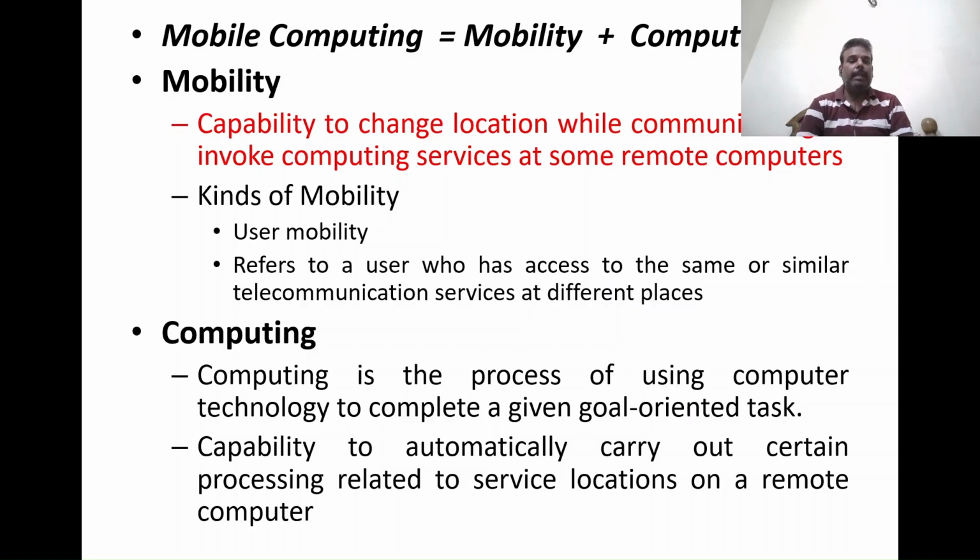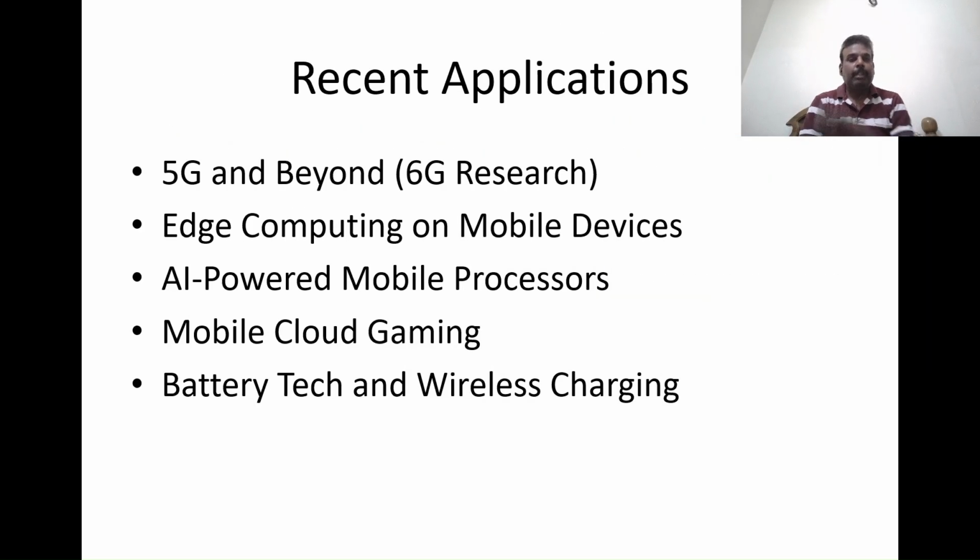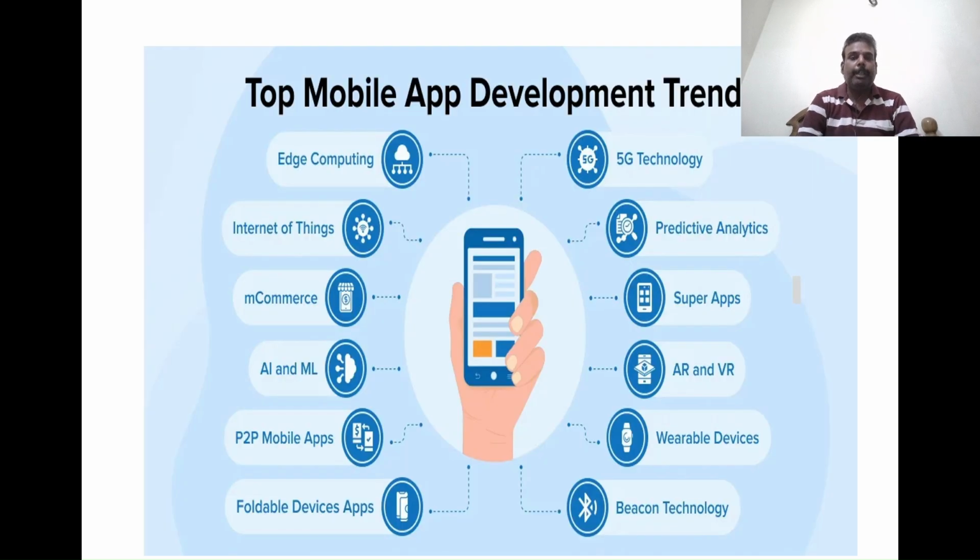And computing is a process of using technology to compute a given goal oriented task. So computing means we have some specific task. The task we have here is to complete our data transaction from one place to another. These are the recent applications where we use mobile computing.